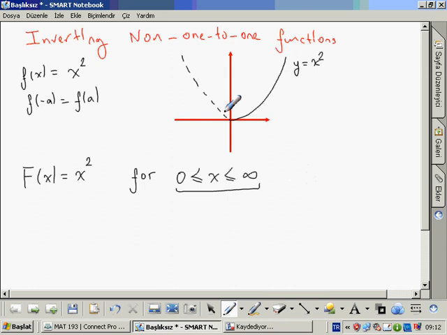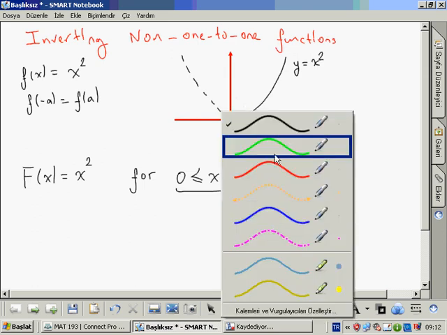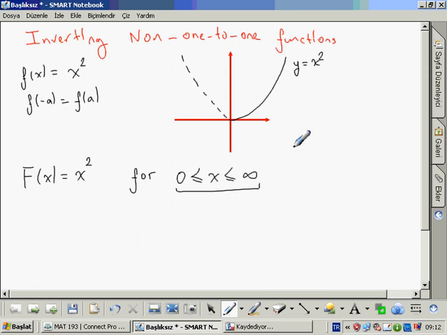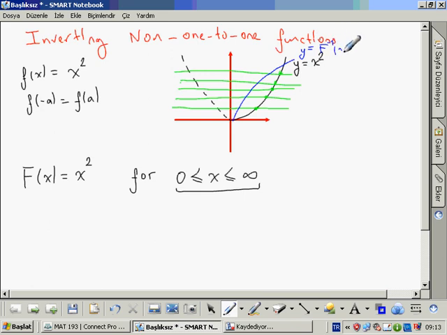As you see, any horizontal line at the right hand side of the y-axis intersects at only one point, so this curve can be inverted, and the inverse function will be y equals capital F minus 1 of x equals the square root of x.